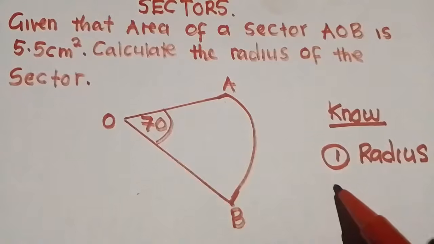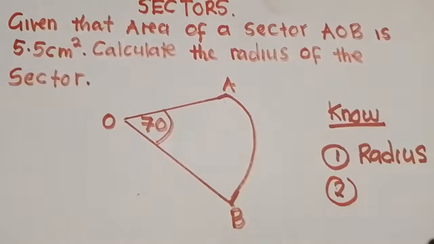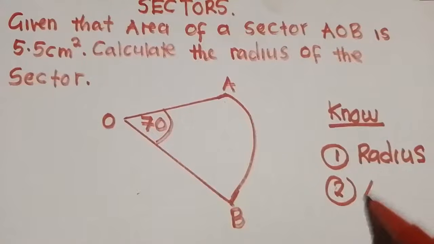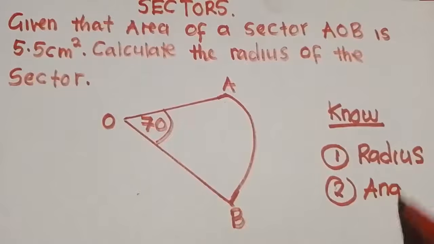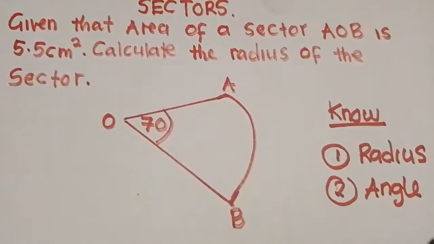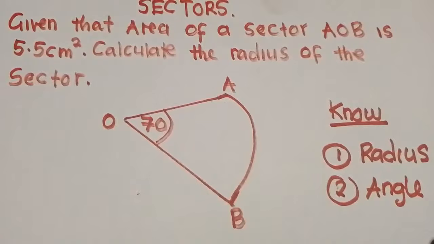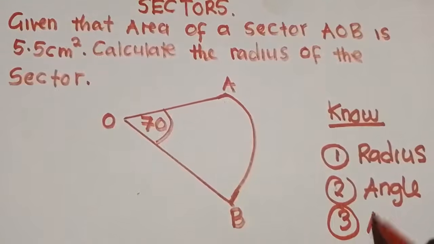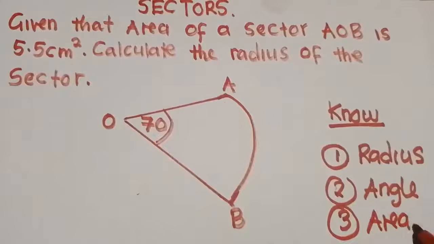The second one that you need to put into consideration is that you need to know how to calculate the angle of a sector, when you are not given the angle. The third one, you need to know how to calculate the area of a sector.